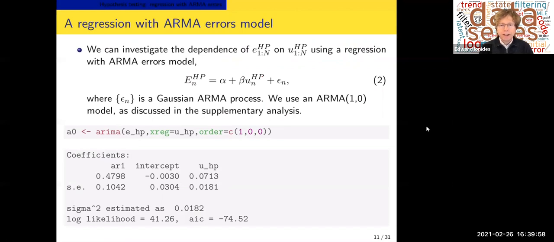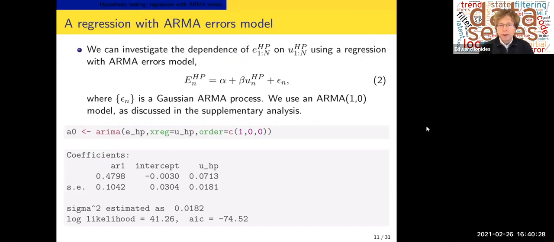So let's write down a regression with ARMA errors model where our model for life expectancy, which we're going to write E_n, big E_n for the random variable in the model, depends linearly on the unemployment with a Gaussian ARMA noise.